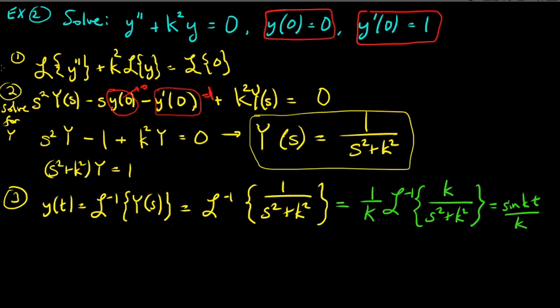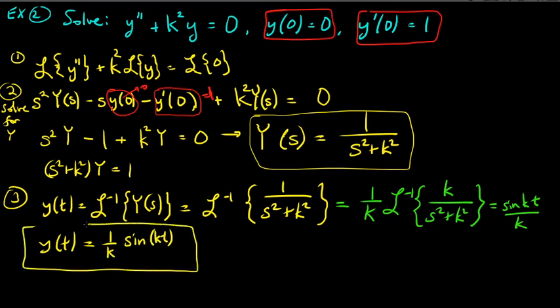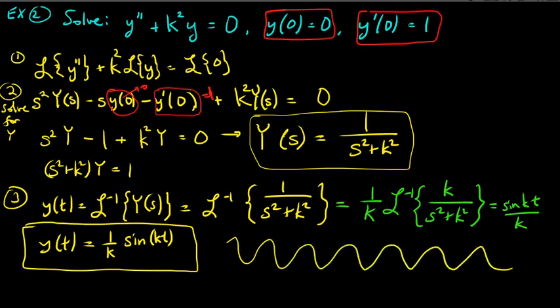So little y of t is equal to 1 over k times the sine of kt, which should not be surprising because it's simple harmonic motion, a pendulum or a mass on a spring. It just goes back and forth. This is pure harmonic motion.